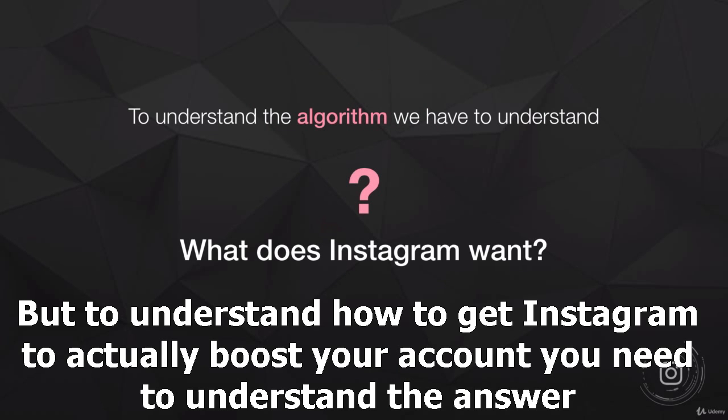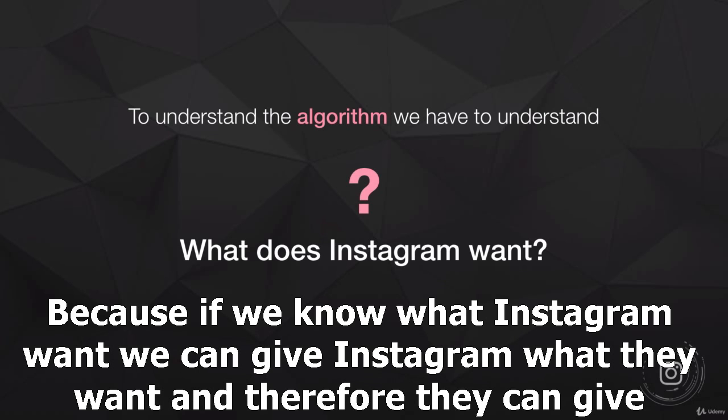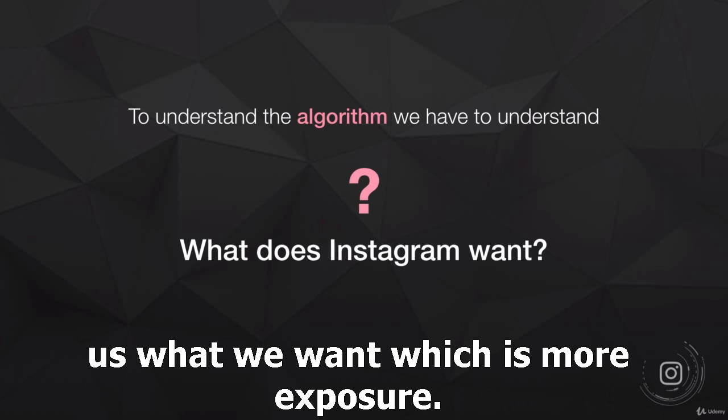But to understand how to get Instagram to actually boost your account, you need to understand the answer to this question. And the question is, what does Instagram want? Because if we know what Instagram want, we can give Instagram what they want, and therefore they can give us what we want, which is more exposure.